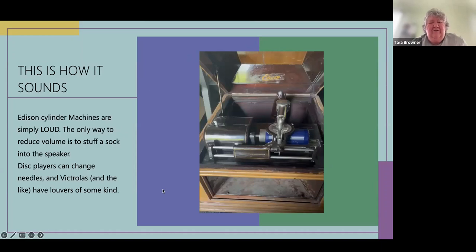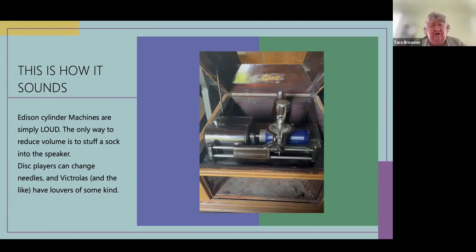One thing that I've discovered about these machines is they're just loud if they're working properly, and this one is loud. And the only way to really reduce the volume is to stuff a sock into it. I think with the earlier machines, which had external horns, you could choose a different horn, perhaps.